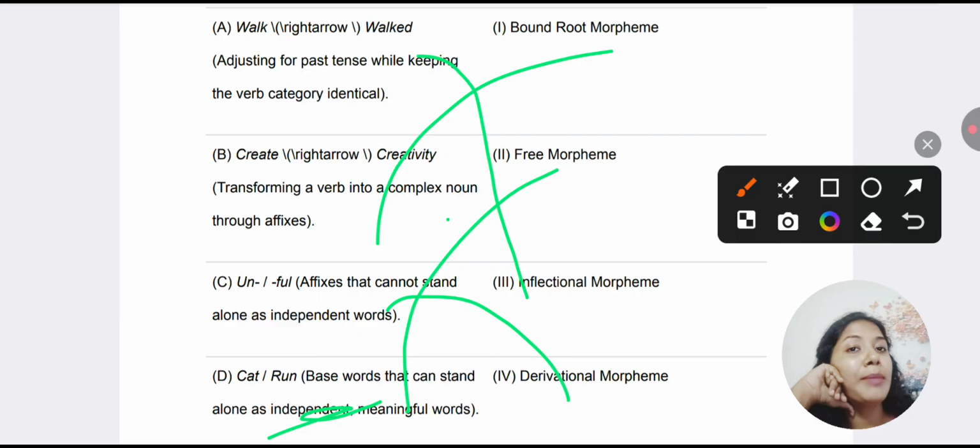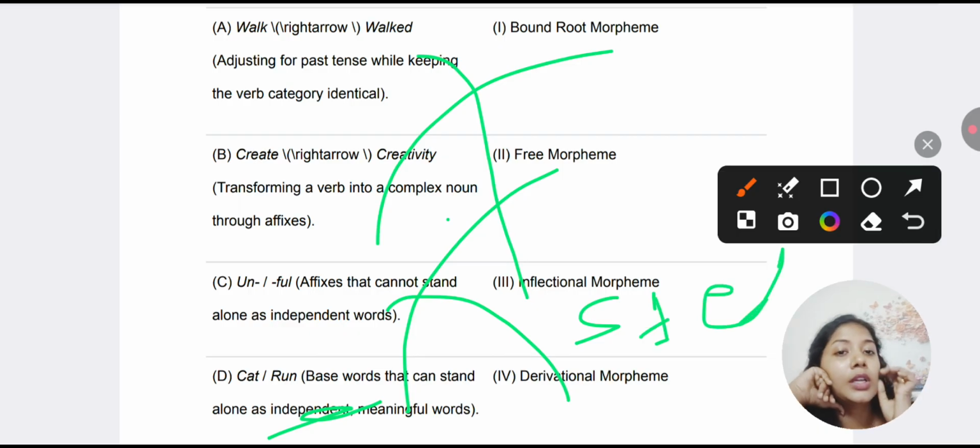So you can match a with the third, inflectional morpheme. In inflectional, you add only s or ed to the root word, no? And in derivational morpheme, you add both prefix and suffix to change it into a completely new word. And this is the free morpheme, which is totally independent.